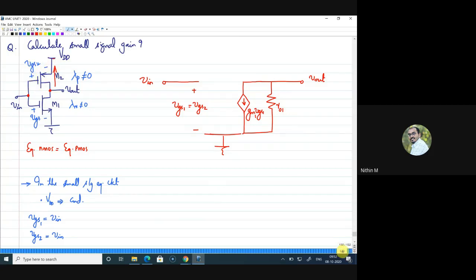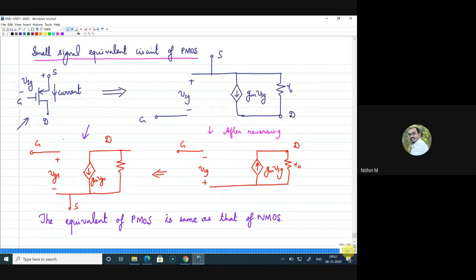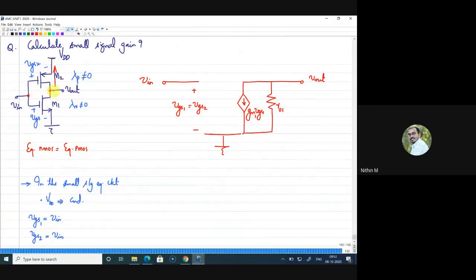When I'm marking VGS as plus minus, current is actually flowing from drain to source. That means I can have one more current source here, whose value is gm2 into VGS2, and the resistance here, which is ro2, and this is Vout terminal. So you have two current sources and two resistors.